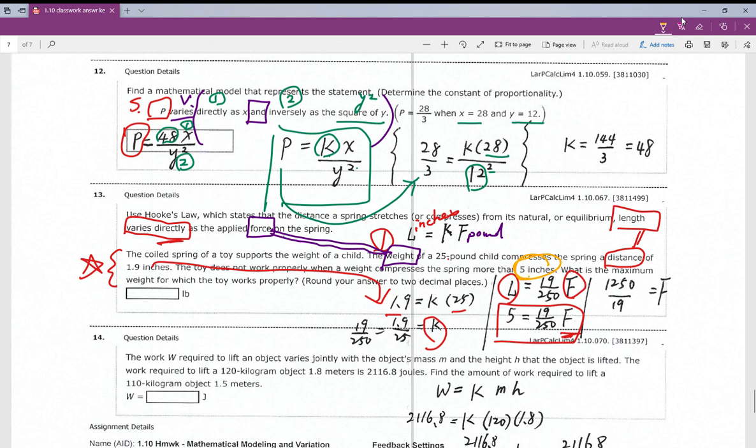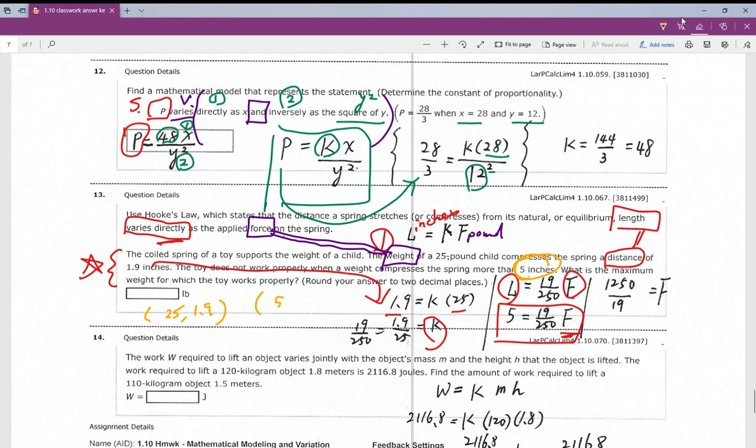So first the question gives you 25, 1.9, and then they ask you how about when the length is 5.